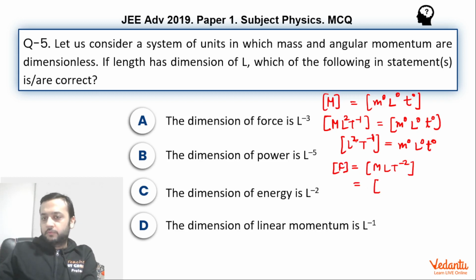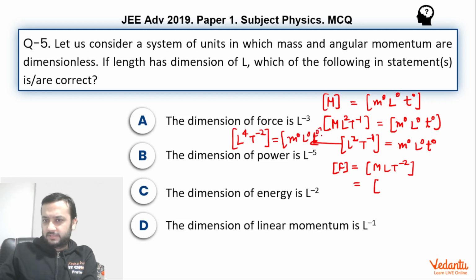So let's say we square it. If you square this, it will become L to the power 2 into T to the power minus 4. Let me square it. Okay. This anyway will become M0, L0, T0, right?